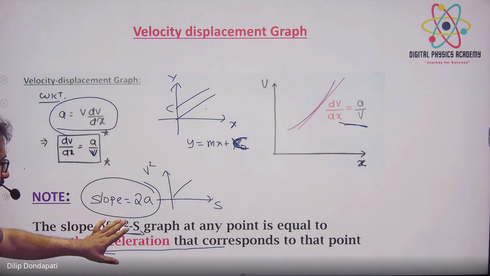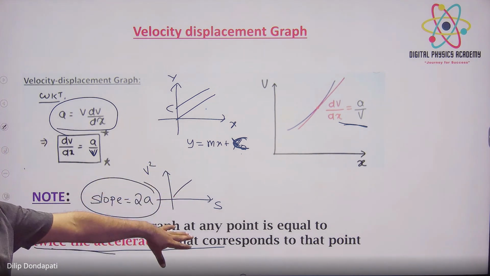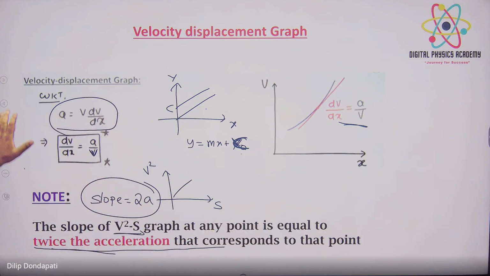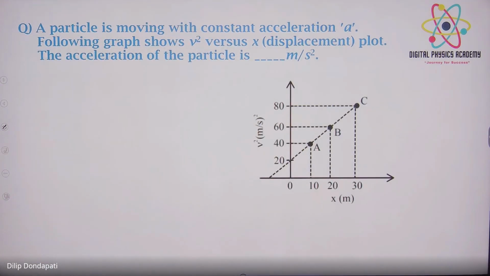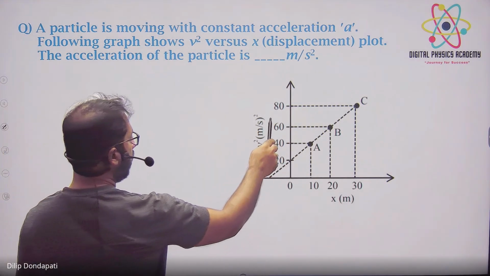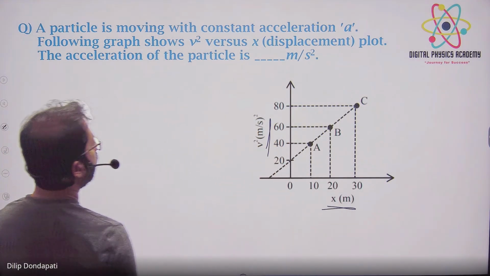So tell me, the slope of the v square versus s graph gives twice the acceleration. They have given a graph of v square versus displacement. So, shouldn't we just find the acceleration and then double it?